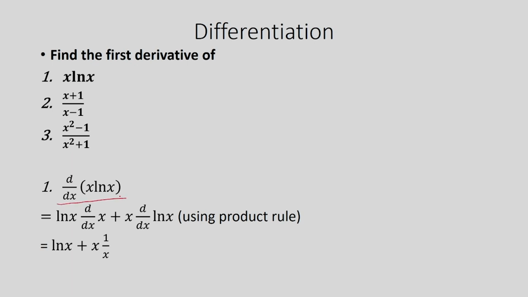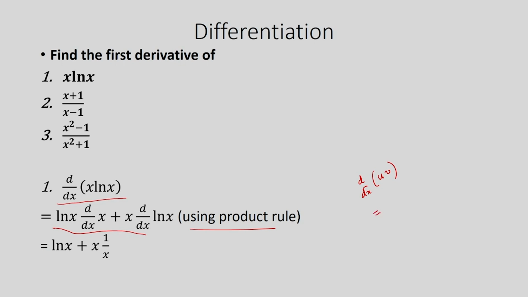So, in the first problem we have to find d dx of x log natural x. Now what we do is take the help of the product rule. Remember what the product rule was? You have d dx of u v, where u and v both are functions of x.